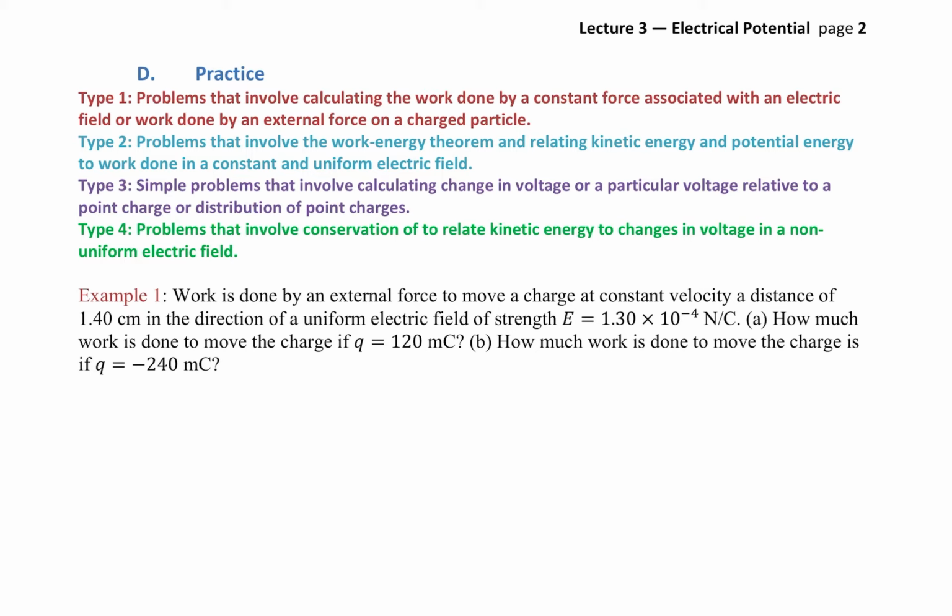And then finally, type 4, problems that involve conservation of energy to relate kinetic energy to changes in voltage in a non-uniform electric field. Okay, so this is a conservation of energy. Just left a word off.